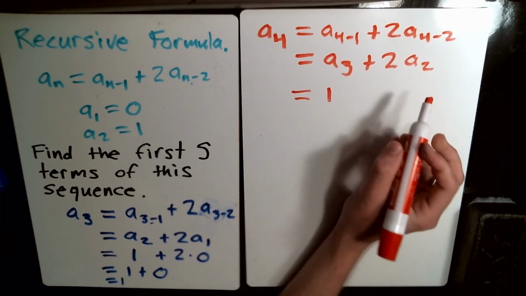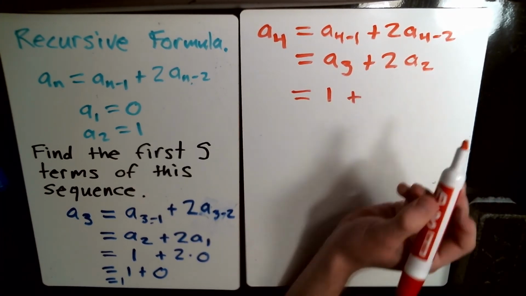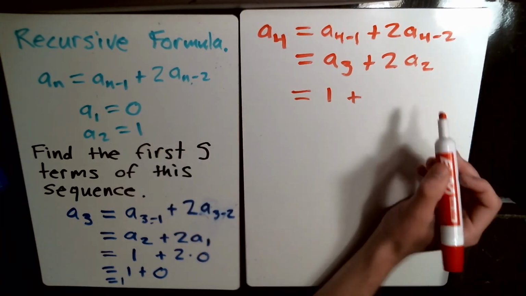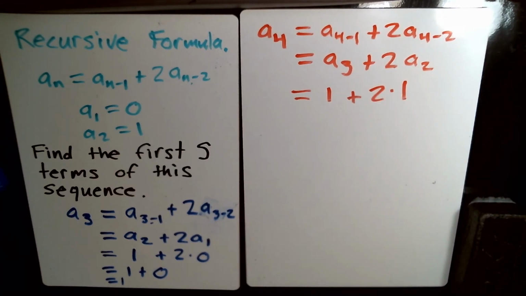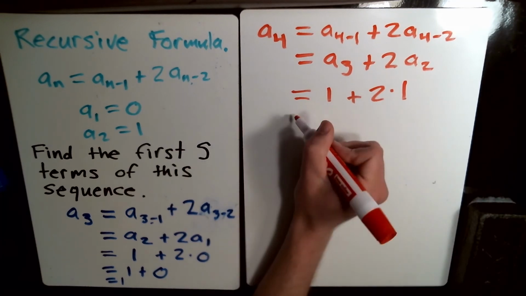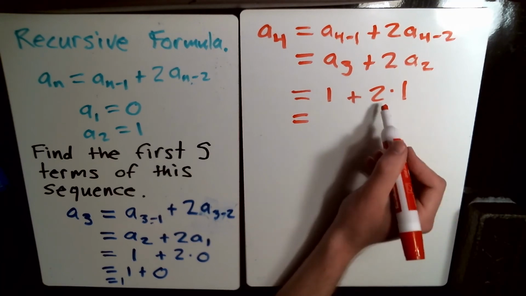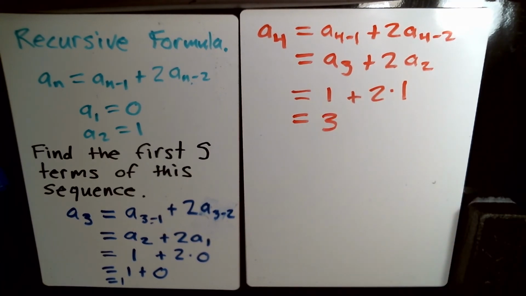It was 1. And then what was a sub 2? It was also 1. So you're just taking the previous terms and plugging those in to get what the next terms would be. So we've got 2 plus 1 is 3. That's a sub 4.